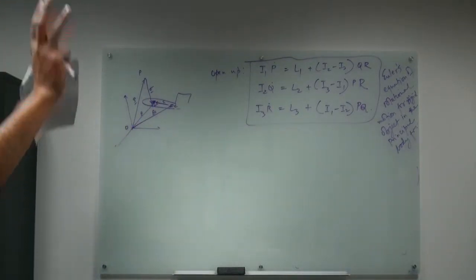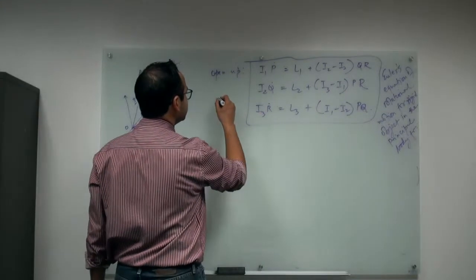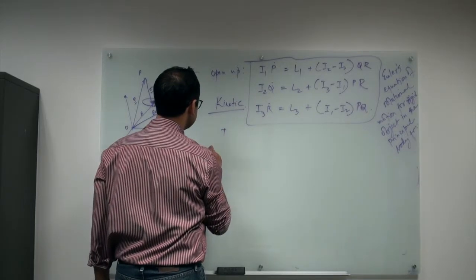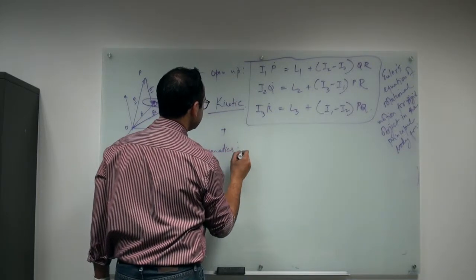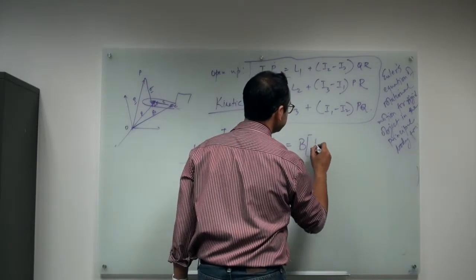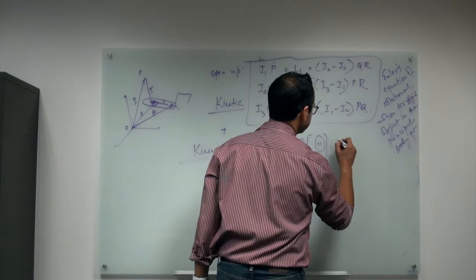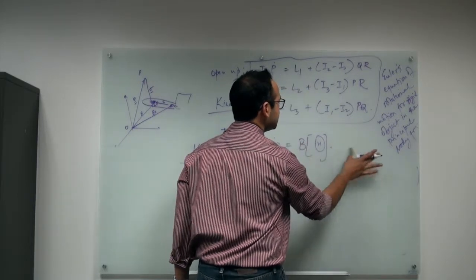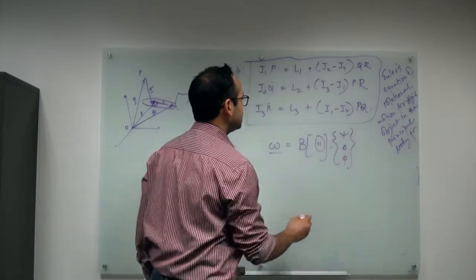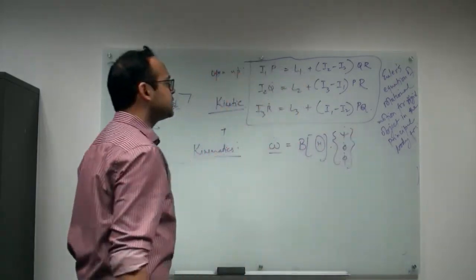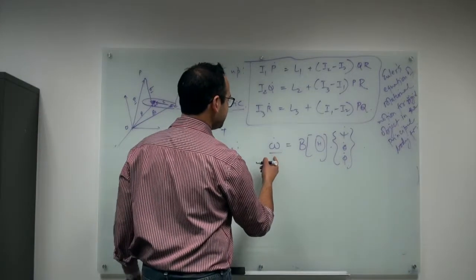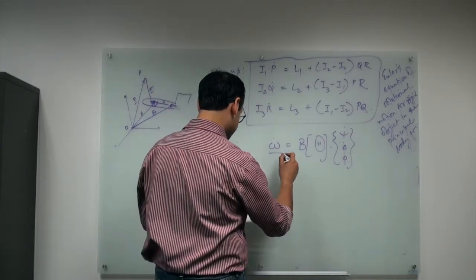Remember that we have already derived the kinematic equation, right? So this is the kinetic, combine it with kinematics. Remember, omega was equal to that B matrix times theta dot, and the theta dot is nothing but the three Euler angle derivatives, right? And that was in the B frame.